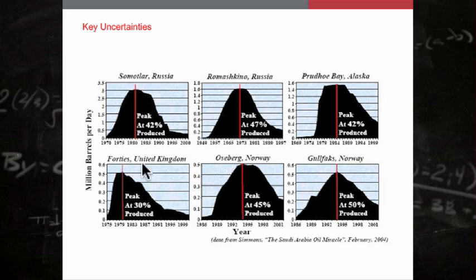So the uncertainty you see there is how quickly can we get from the discovery of an energy resource to the maximum production. And one of the things we observe is that in Alaska, for example, there has been a very rapid increase. But in Norway, the increase goes smoother. That's the first key uncertainty. How quickly can we extract a resource once it has been discovered?